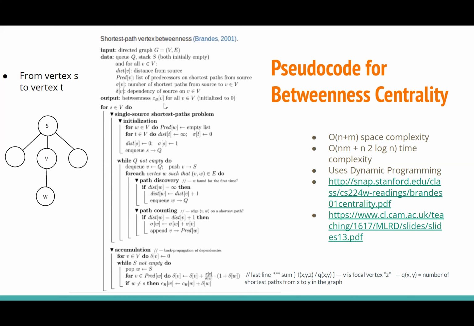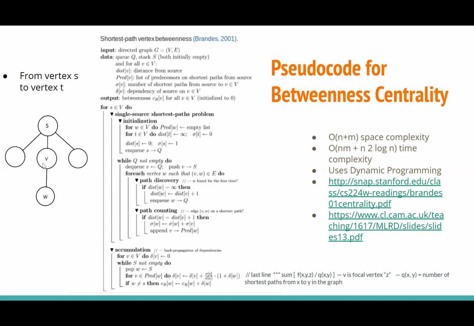And then your output will be this CBV, which essentially is here, the sum of what we were taught, the sum of f of x, y, z over q, x, y. Just a different way to write it. So for the vertex S of the group of vertices do, and this is a single source shortest path problem, it'll initialize it by for all W's, which is all the vertices after a specific, like a focal vertex.